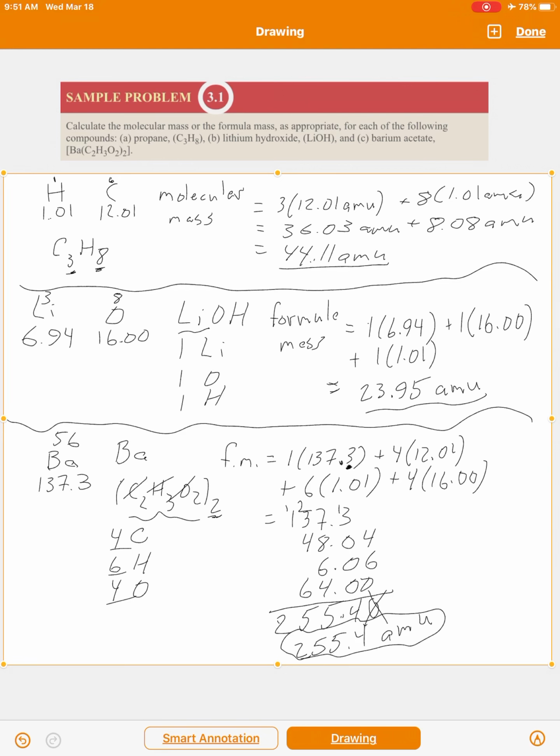The barium coming before the parentheses is not included in that calculation in terms of the number. So since it's Ba, it would just be 1 barium. 255.4 AMU. That is molecular mass and formula mass, and you're going to calculate those using the periodic table.